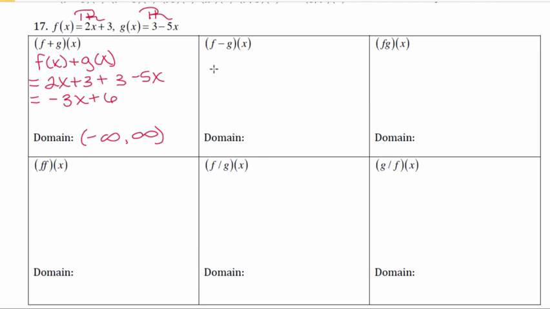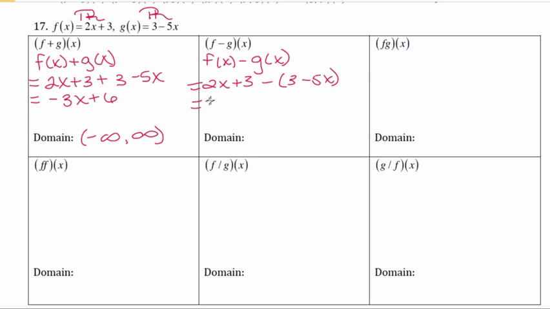Let's go ahead and do f minus g of x. That means f of x minus g of x. F of x is 2x plus 3, and g of x is 3 minus 5x. To make sure that I subtract the whole function, I'm going to put parentheses around g of x.